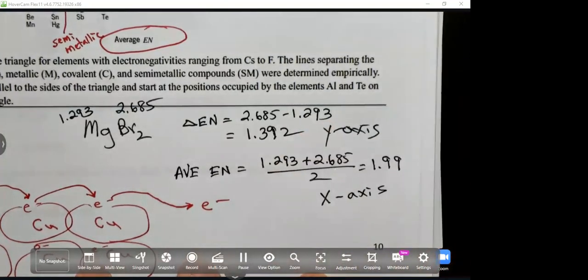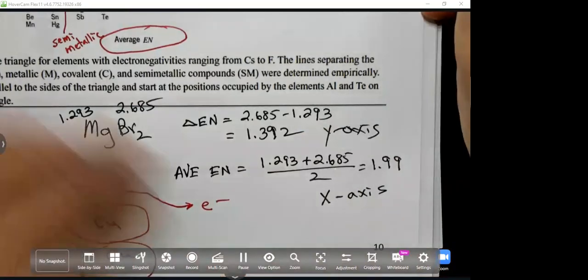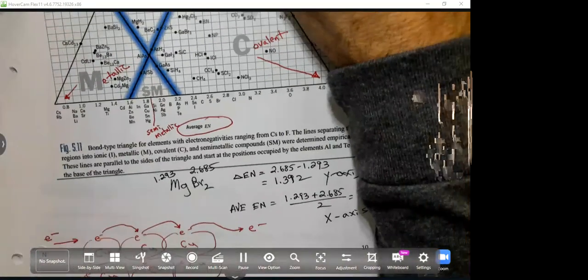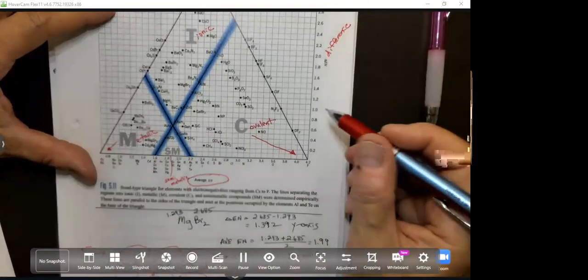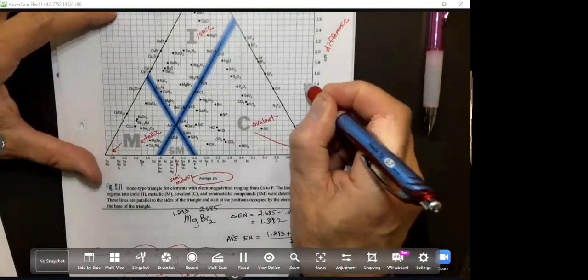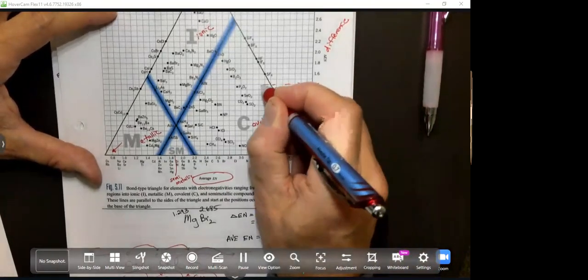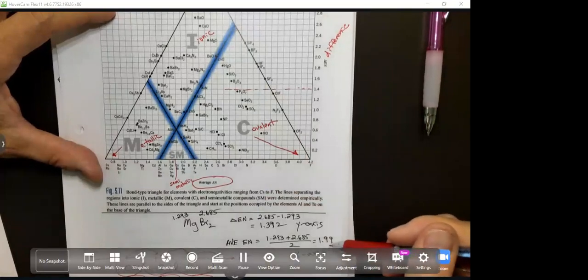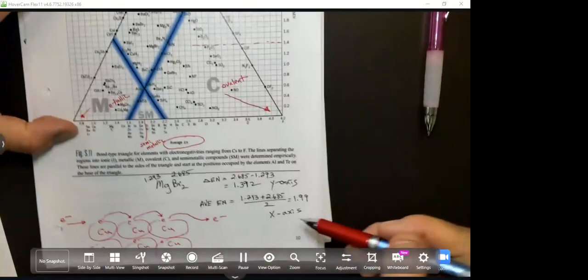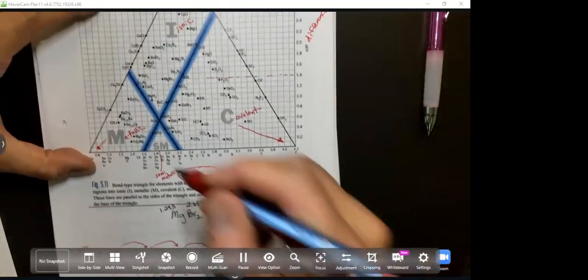So 1.4 on the y-axis. I'm going to go up to 1.4 on the y-axis. So I go across at 1.4. I'm going to go up at 1.99 or 2.